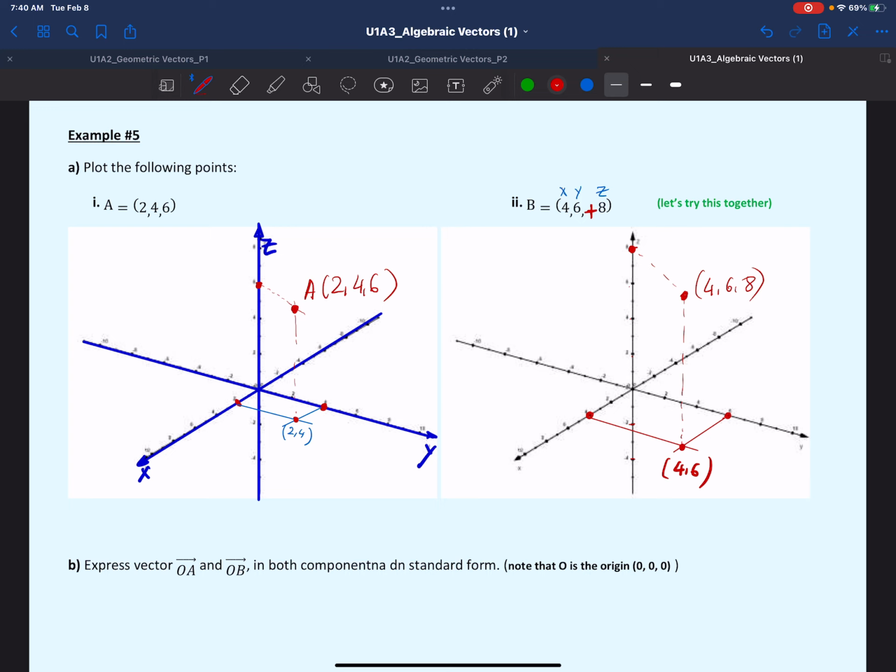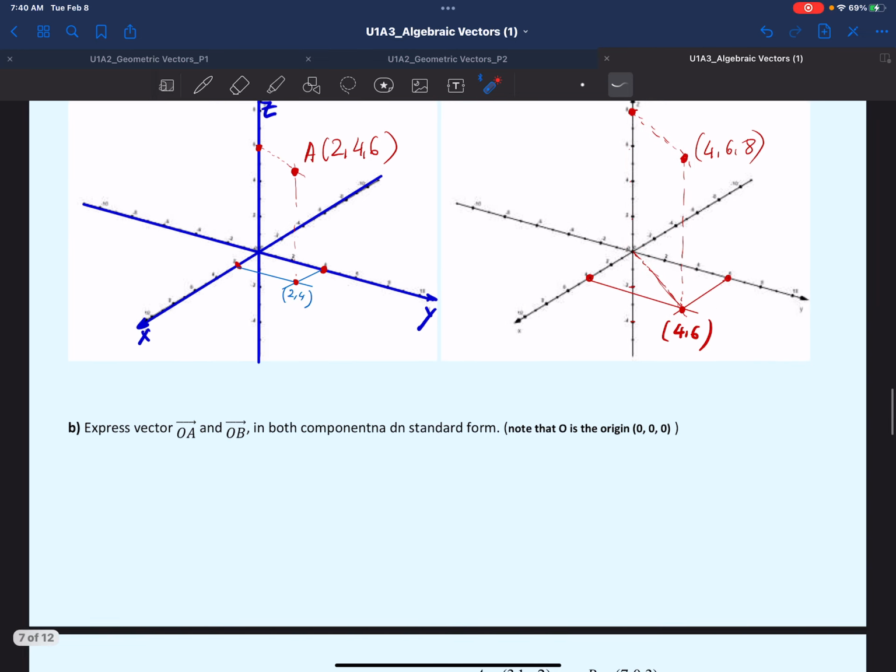And you can look at it this way, actually. Because that's how you go on the z-axis, this way, and you rise 8. So you rise 8 from here, and that's the parallelogram that you're looking at.